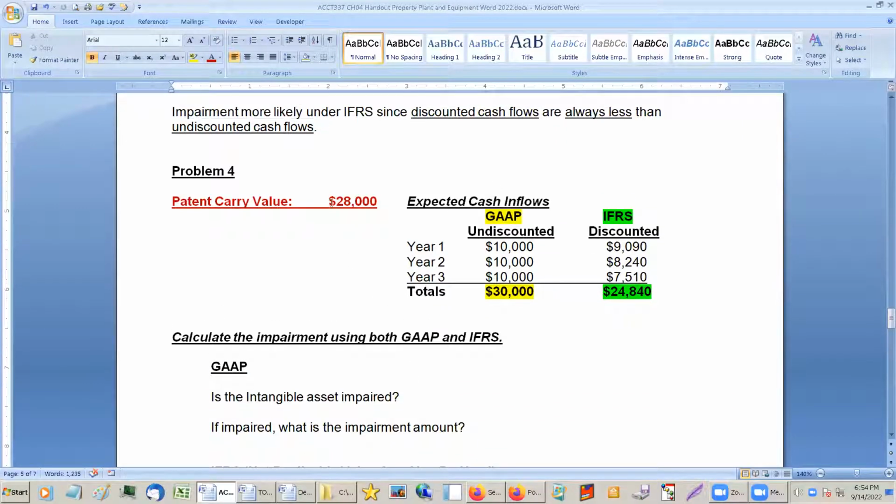So the question is, is it impaired? For GAAP, the carry value is less than the undiscounted cash flows.